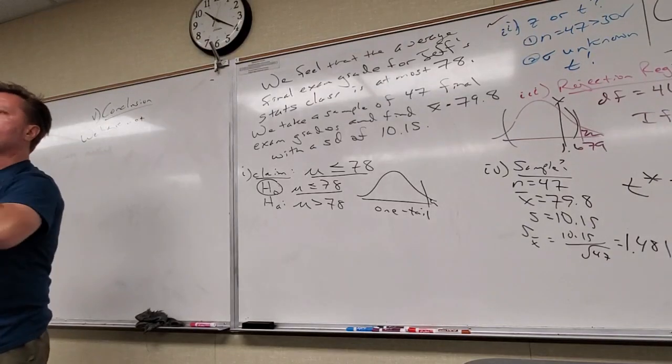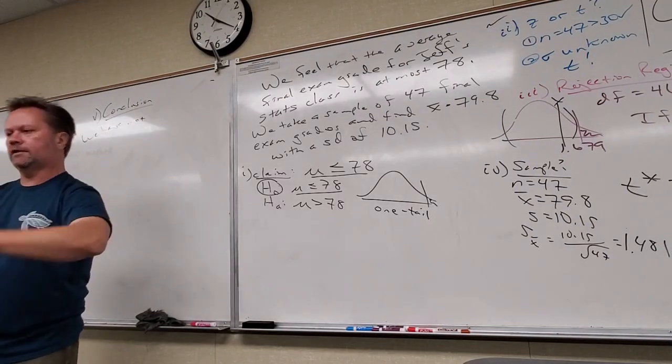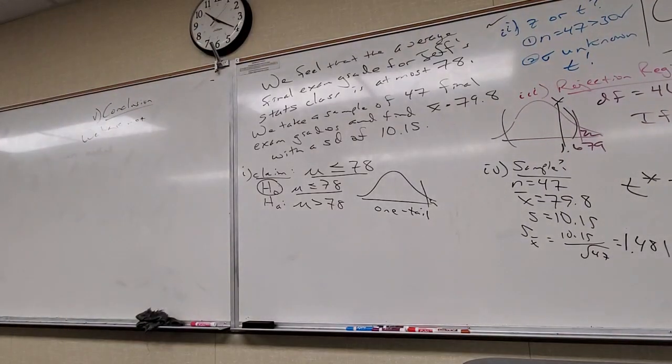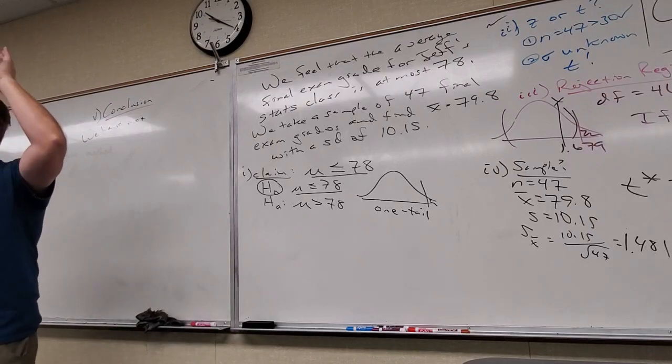If I'm a consultant, a statistician, and somebody says, I have this claim, test it, and I go do it and come back, I'm going to have to tell them something about their claim. Was my claim right or was my claim wrong? So when I write the conclusion, it has to be talking about the claim.